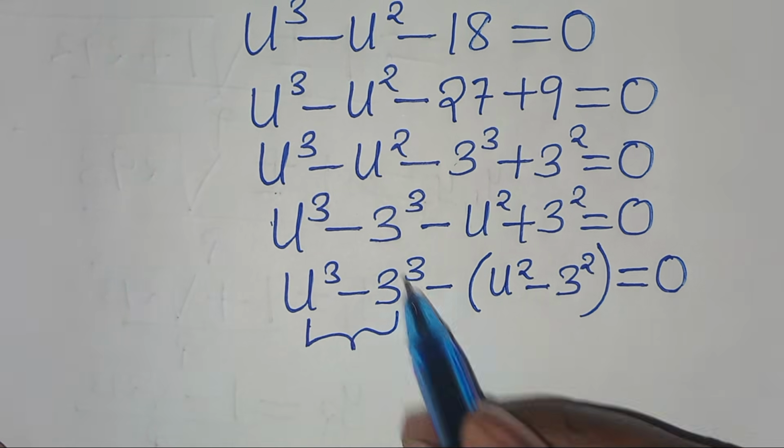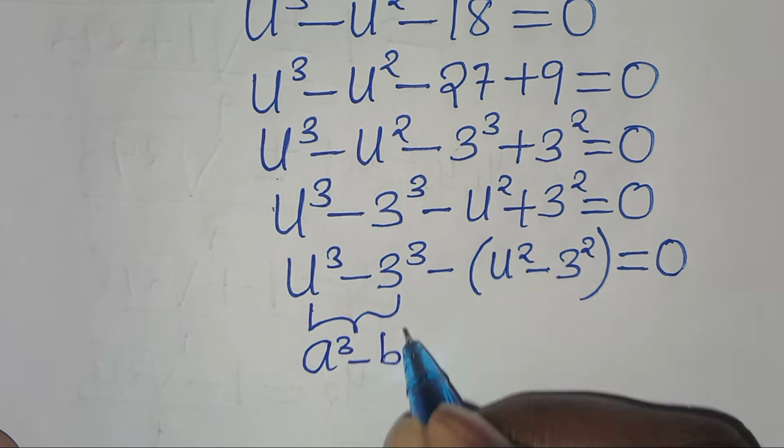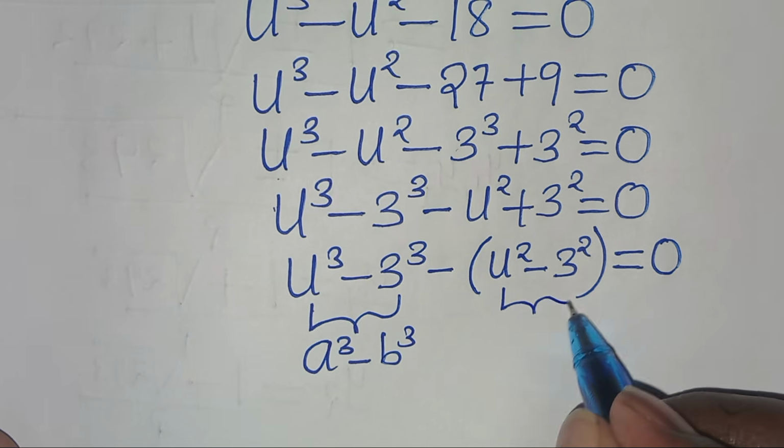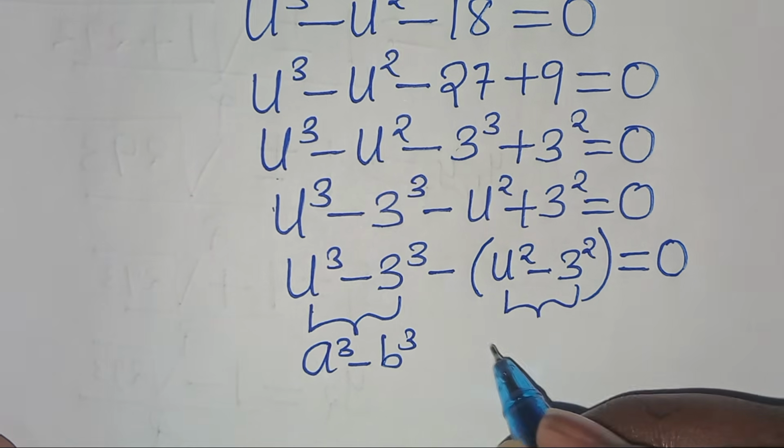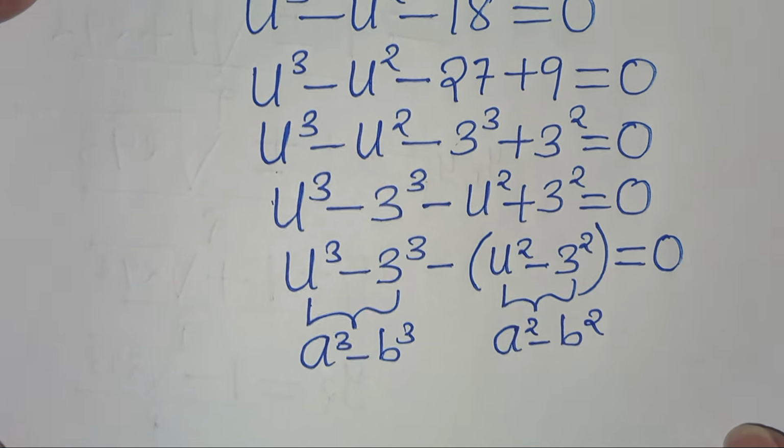The first part is the difference of two cubes expressed as a to the power of 3 minus b to the power of 3. And the second part here, this is the difference of two perfect squares expressed as a squared minus b squared.